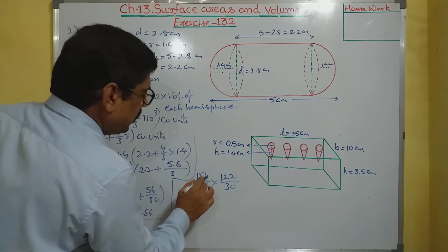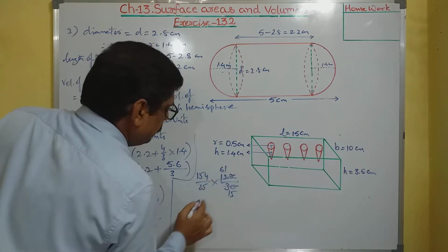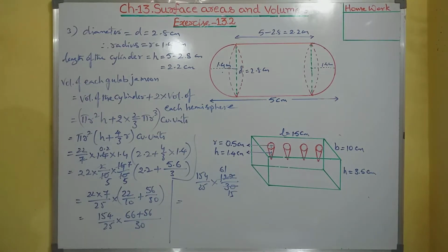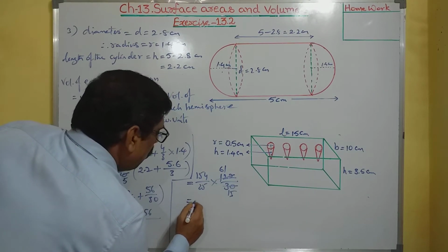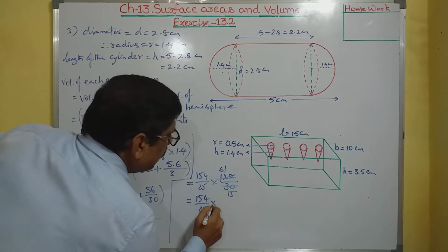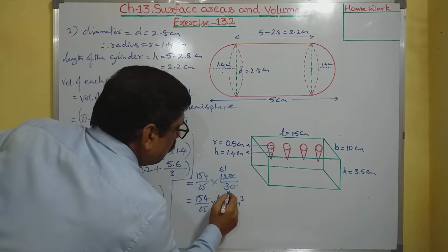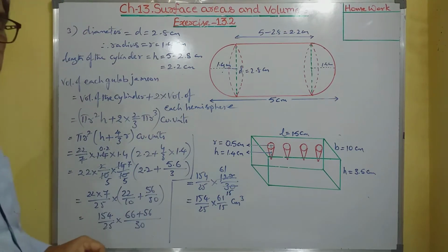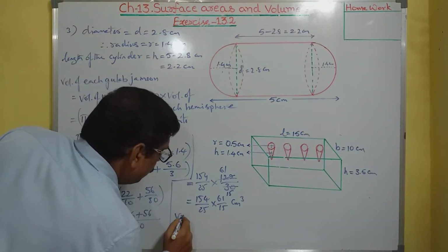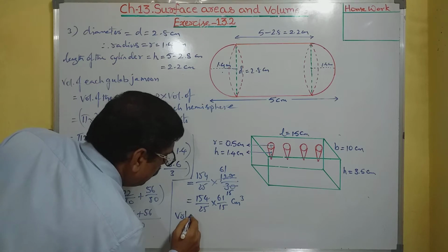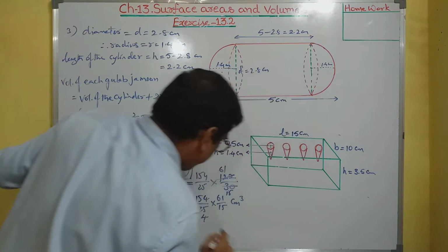Here if we try to cancel, we get 2 15s are 30, 2 61s are 122. This is the volume of 1 gulab jamun, 154 by 25 into 61 by 15 centimeter cube. Now we need to find the volume of 45 gulab jamuns; how many are given? 45 gulab jamuns.